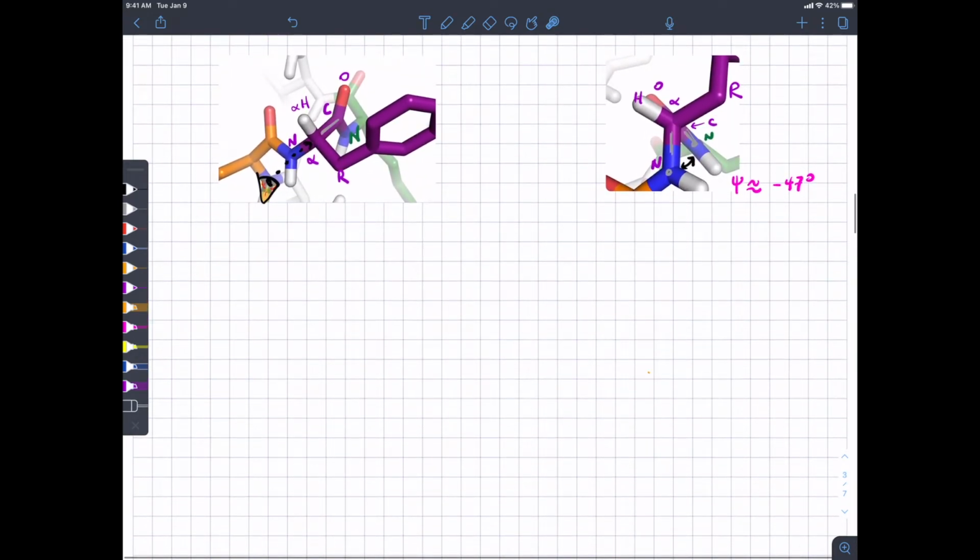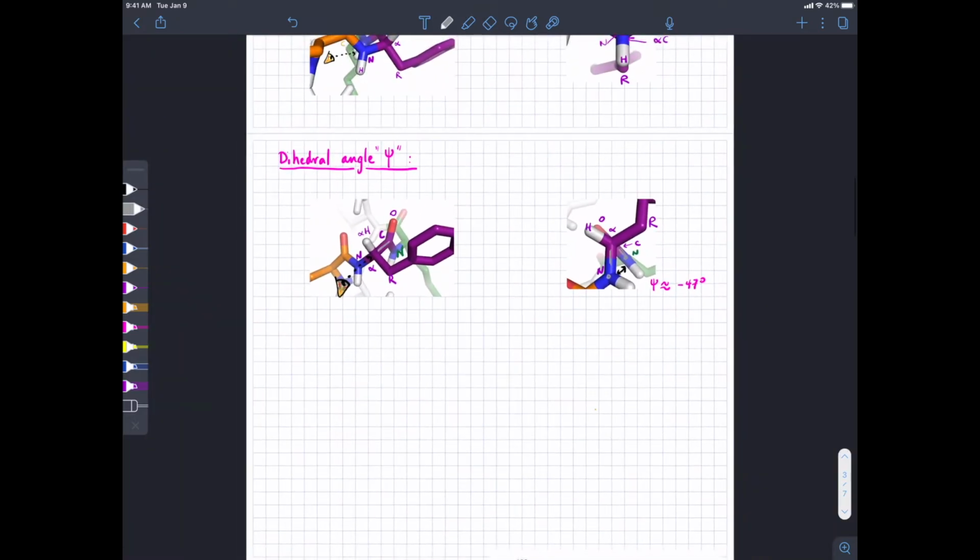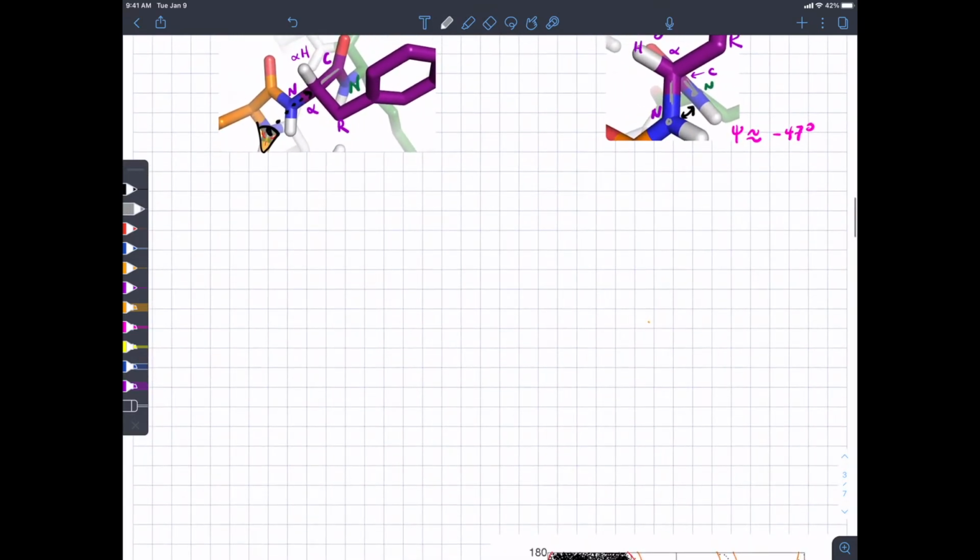So what we would see for these amino acids, if I sort of write a table with phi and psi values, and then do this for the i position amino acid, the i plus 1, and the i plus 2, we make the following measurements.